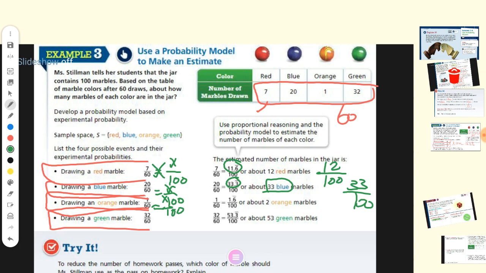So it equals 1.6 out of 100. So it may be 2, we can say 2, because in marbles we can't take fractions, it must be a whole number. And the last is for green, as we did exactly. This is how to compare or predict what should happen if we add some marbles and make the number bigger.